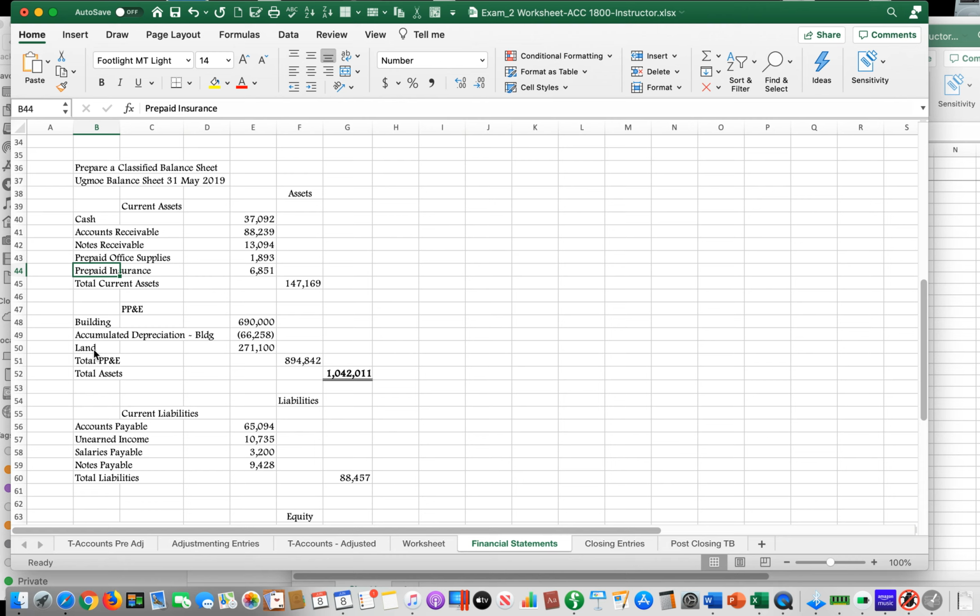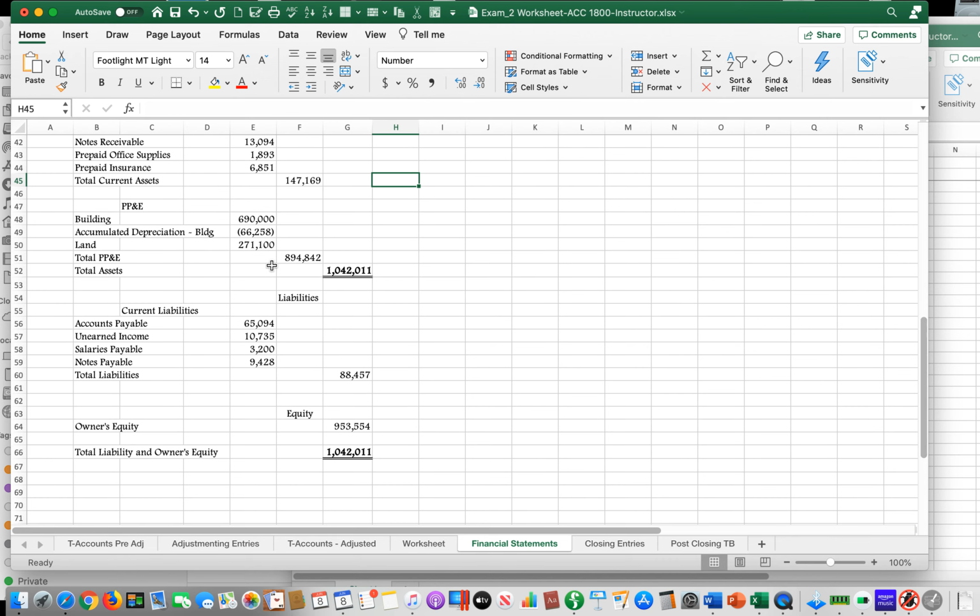There is a highly, highly rare and unusual time when you would. But for all intents and purposes, land will never be depreciated. So here are our assets.